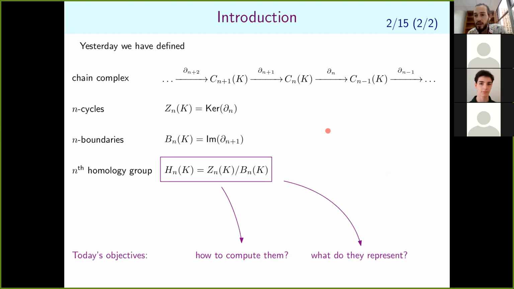And today, we're gonna see how we can compute them in practice with the computer. And thanks to the algorithm we will describe, we will be able to understand a little bit more how this works. And so we will understand better what homology groups mean.